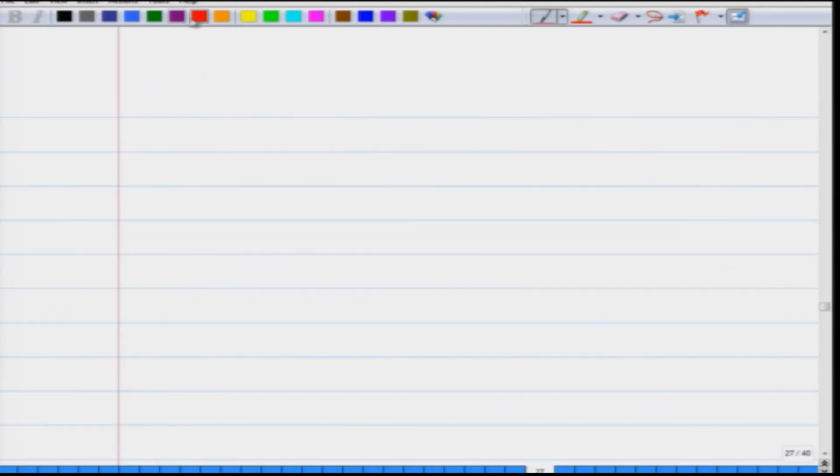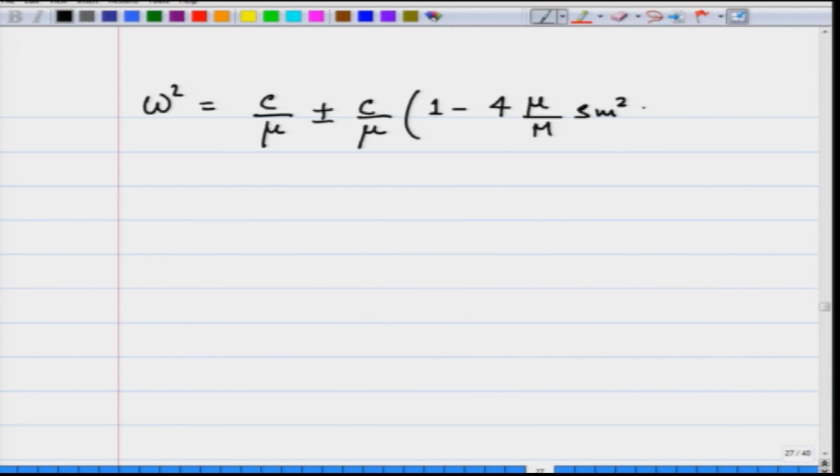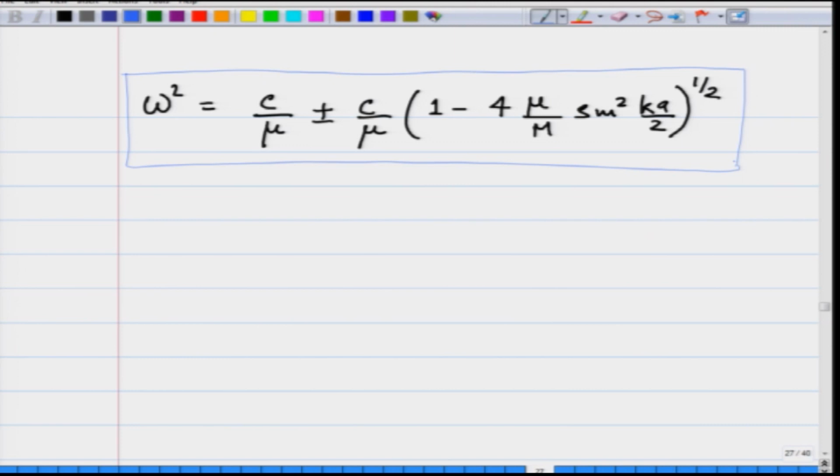So, I get omega square is equal to c over mu plus or minus c over mu times 1 minus 4 mu over m sine square k a by 2 raised to 1/2. That is the solution for omega square as a function of k.